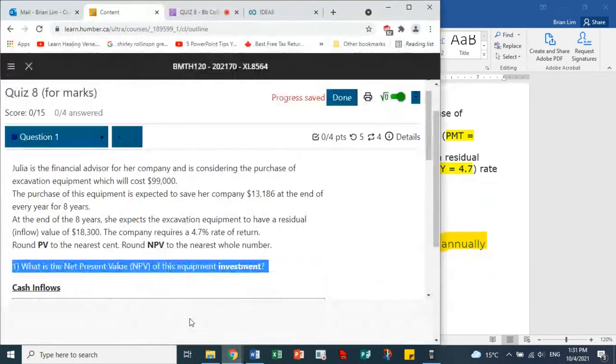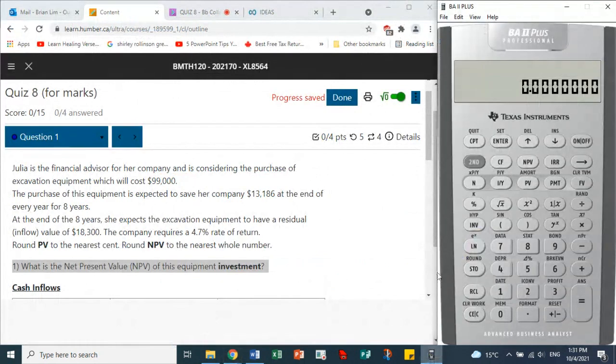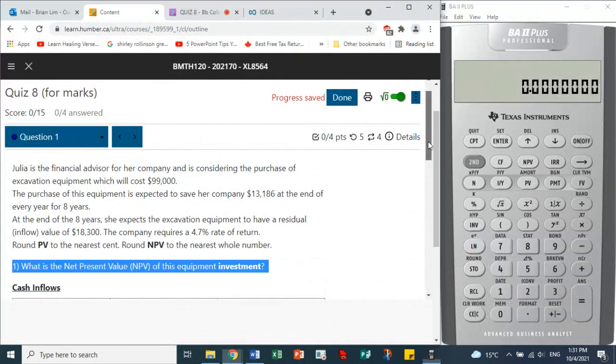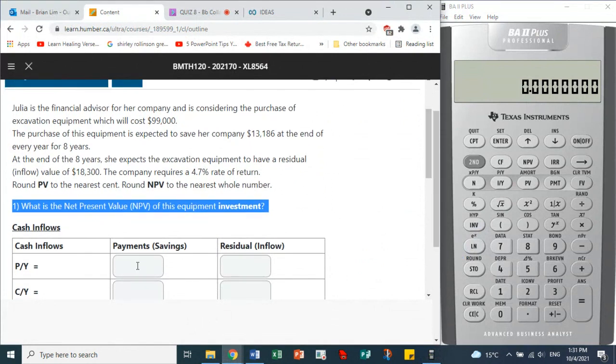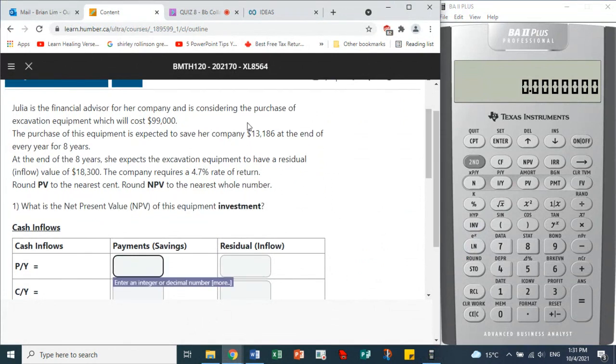Okay, so let's go back to our question here and display our calculator. So here we go. All right, so cash inflow. So PY is what? Well, PY is 1 because these payments, these savings, are at the end of every year.